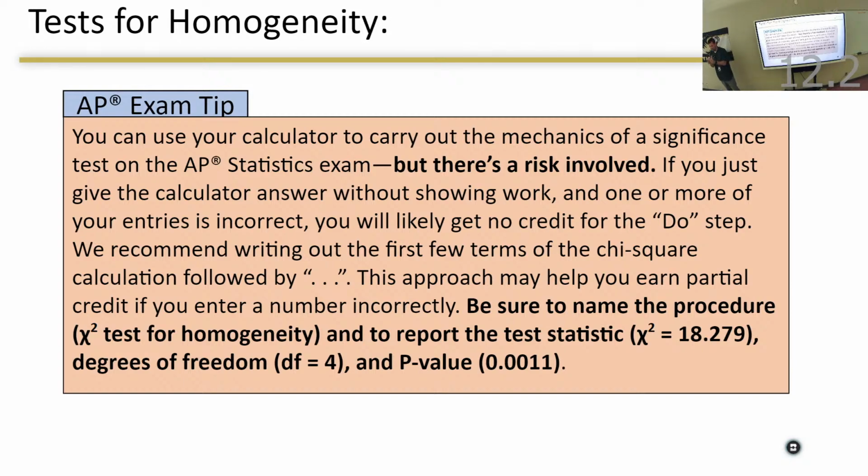That way, if you did put something wrong in your calculator, you're showing us you know how to do it. That's why you got it wrong. If we don't see any of that stuff and you just got it wrong, we're going to just have to assume you do not know how to do it. Y'all okay? Good?